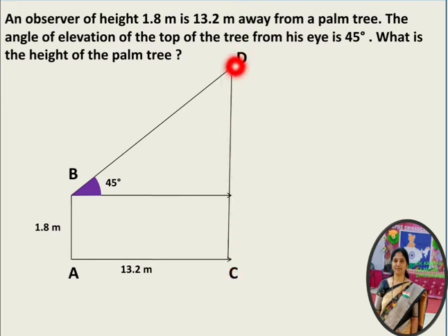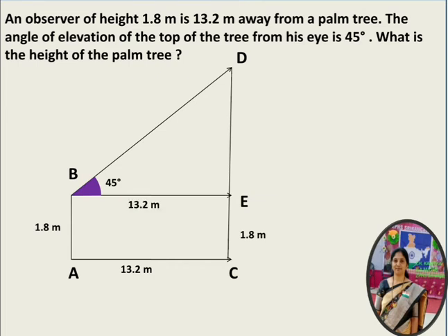So CD length we need to find. Okay, and clearly observe that A, C, B, and here from B we drew a horizontal line. So it meets the CD at E. Now here ACEB becomes a rectangle. So we get same 1.8 at EC. So we get EC length is 1.8 and BE length is 13.2 meters.